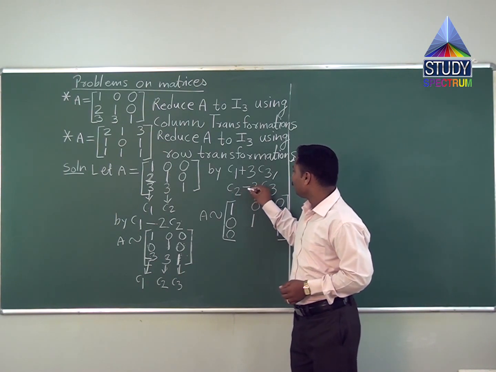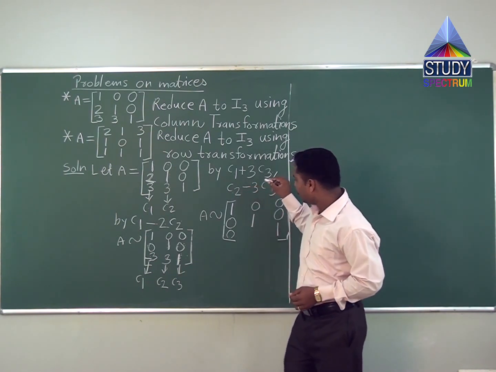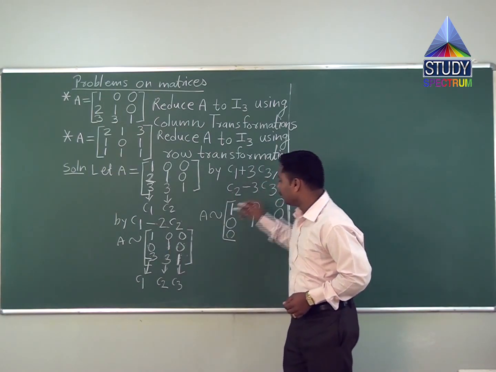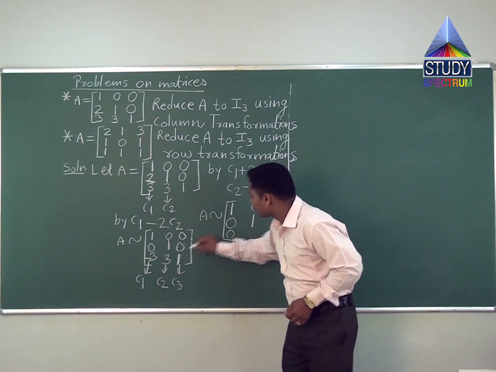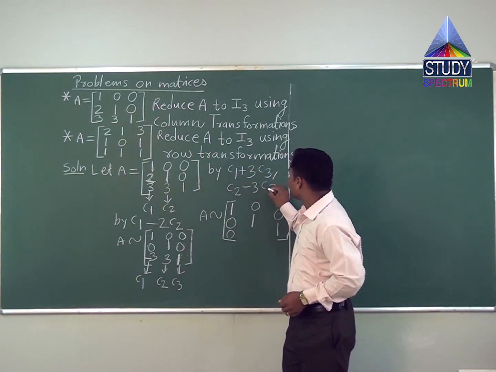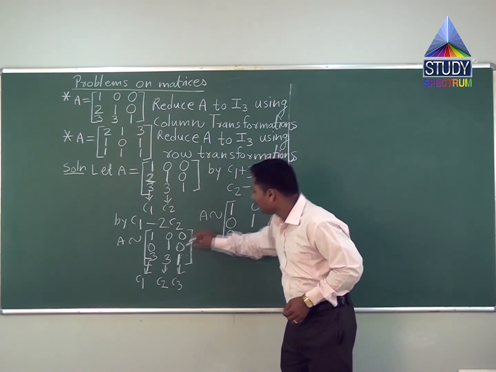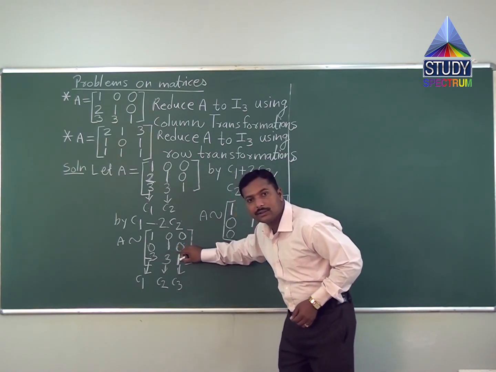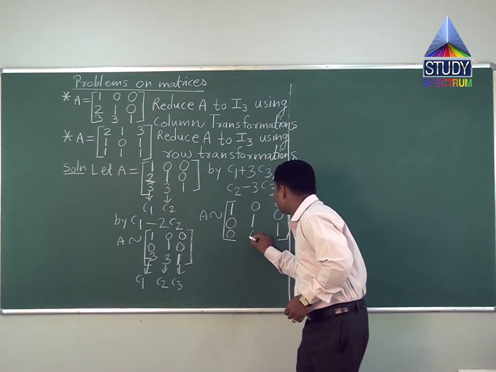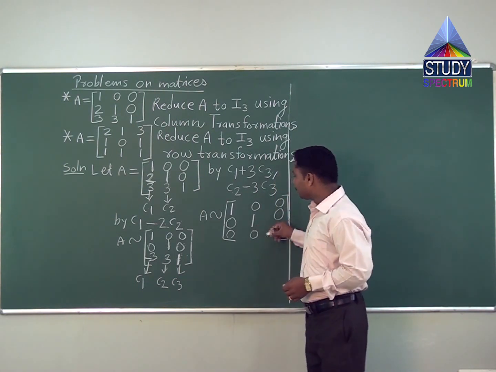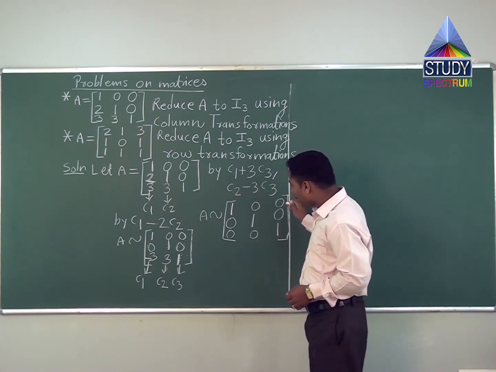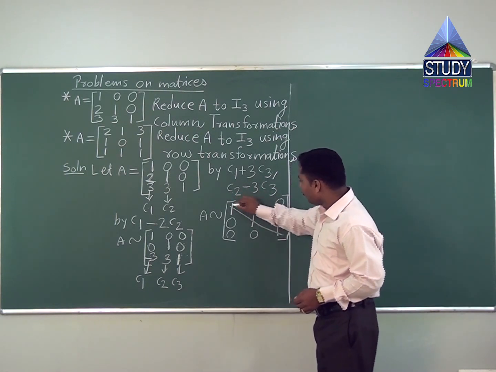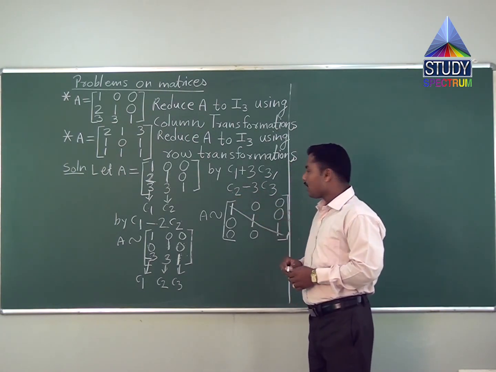Again C2 minus 3 C3: this 3 minus 3 into the last number of the third column, 3 into 1 is 3, 3 minus 3, 0. And in this manner, this is a diagonal matrix having diagonal numbers only 1, 1, 1.